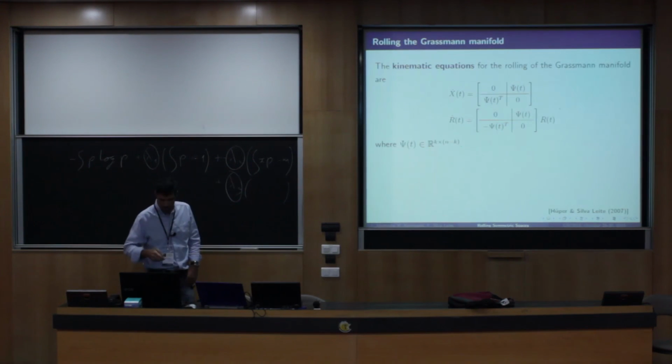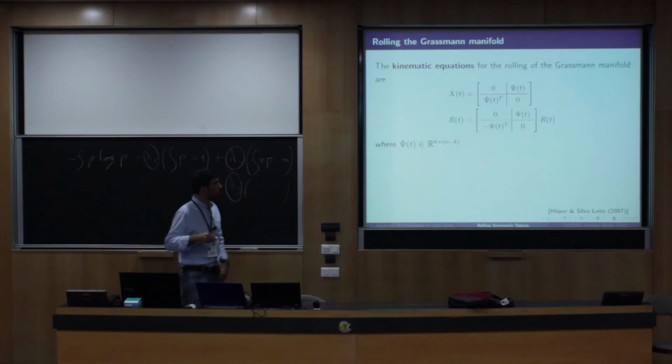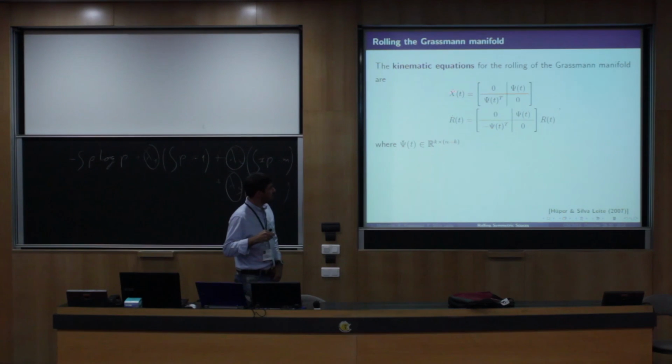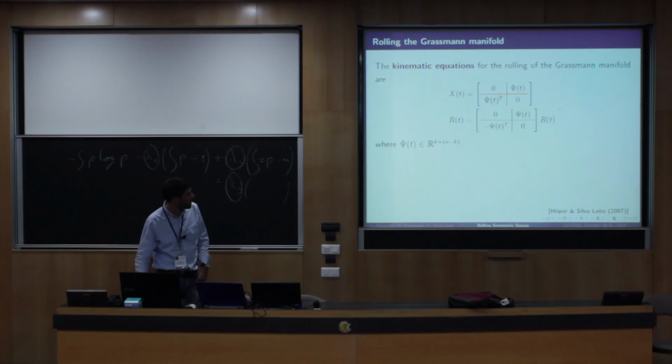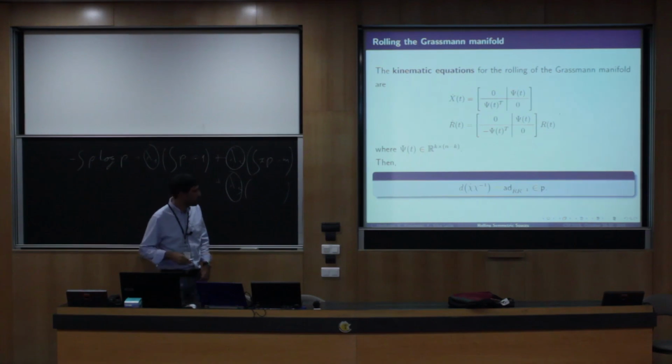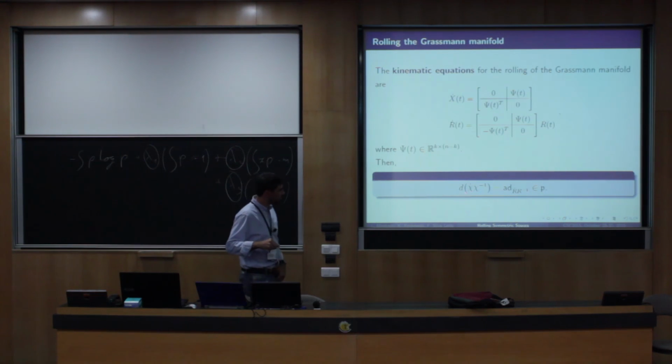The kinematic equations also appeared in the literature. They are given by these two first-order matrix differential equations, where this psi of t is also a rectangular matrix, k by n minus k. So in this case, the derivative of this operator is also an element of P.